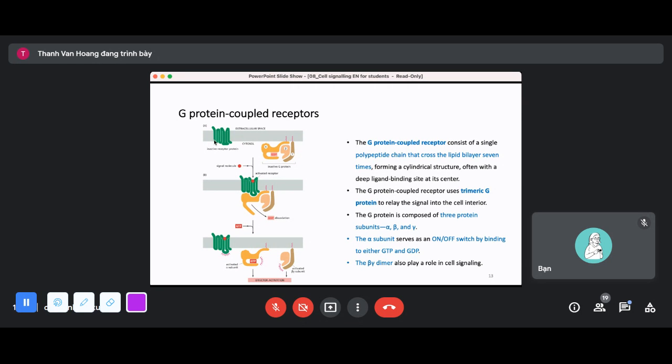It crosses the cell membrane 7 times to form something like a cylinder, and it serves as a pocket for the signal molecule. When the signal molecule binds to the receptor, it changes the conformation of the receptor so that a signal can be induced.